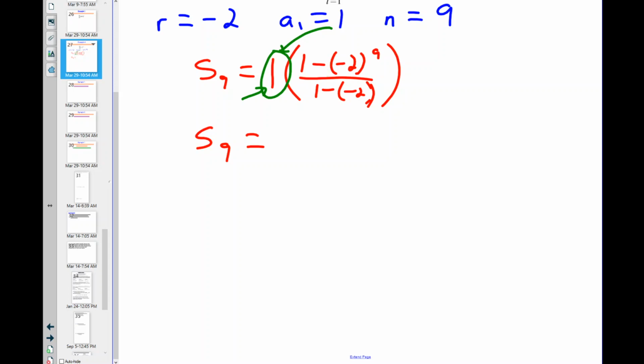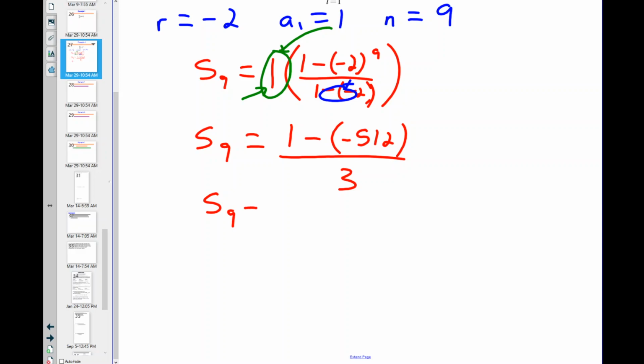So I'm going to stay with this 1 minus. Nothing happens there. -2 to the ninth, I believe, is -512. Correct me if I'm wrong. And then 1 minus -2. This one I could do if I want. That gives me 3. Now I can do my double negative.